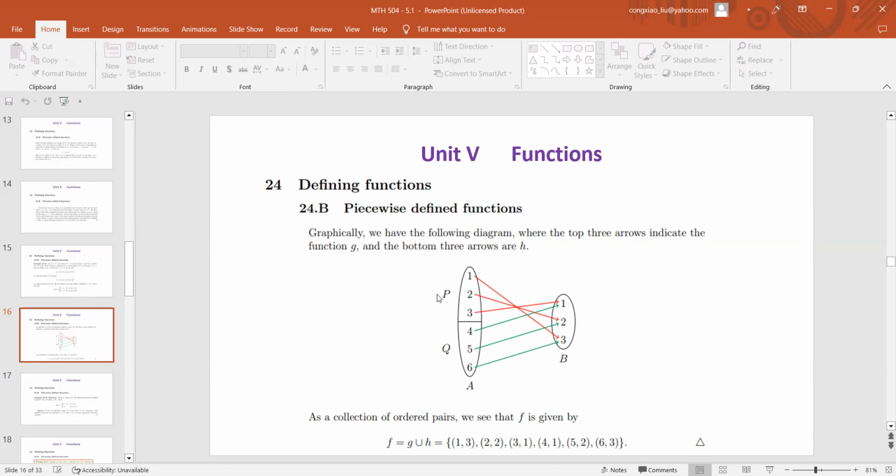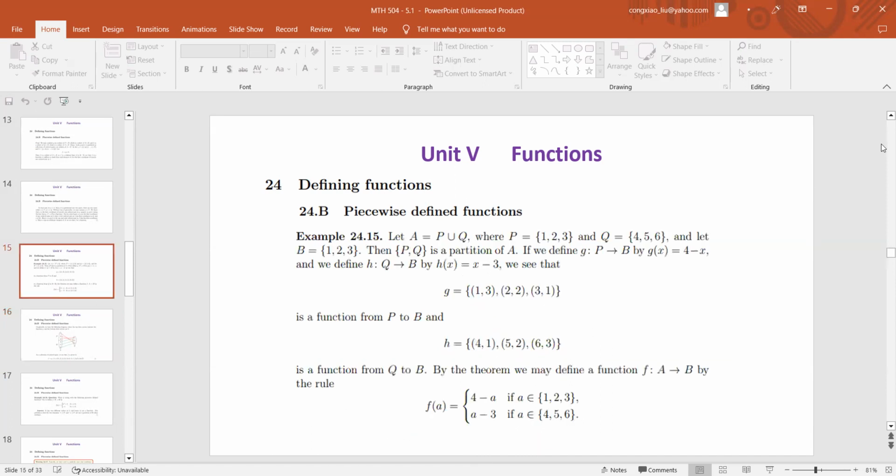The function G from P to B is represented by red arrows. So 1 maps to 3, 2 maps to 2, 3 maps to 1. If you look at all the pairs, 1, 3, 2, 2, 3, 1. So this is the function G.